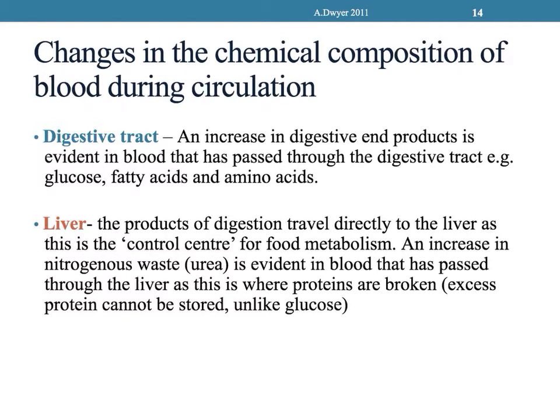So if you eat excess protein, it can't be stored, so the liver breaks it down into basically nitrogenous waste, urea, and it gets weed out basically in your urine. So blood leaving the liver is high in nitrogenous waste, or urea.